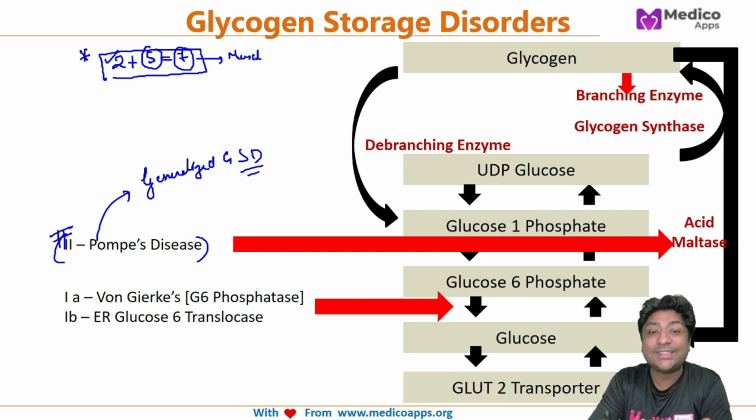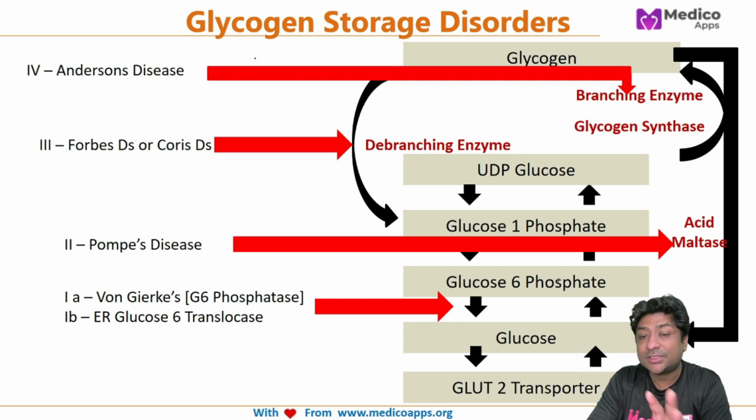Now we have enzyme replacement therapies available for Pompe's disease. So this is a generalized glycogen storage disorder presenting with cardiac symptoms, cardiomegaly, ventricular hypertrophy in a very young child, and generally if not treated well, the child will die within the first 2 years of life.